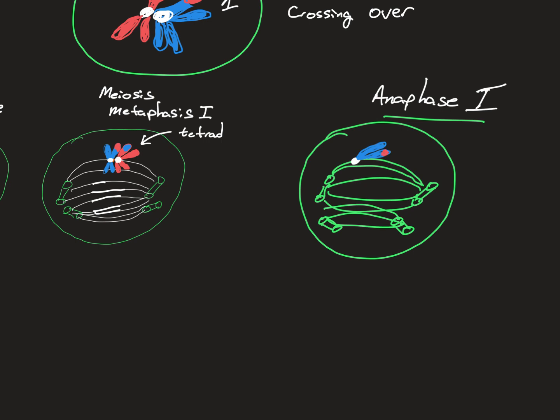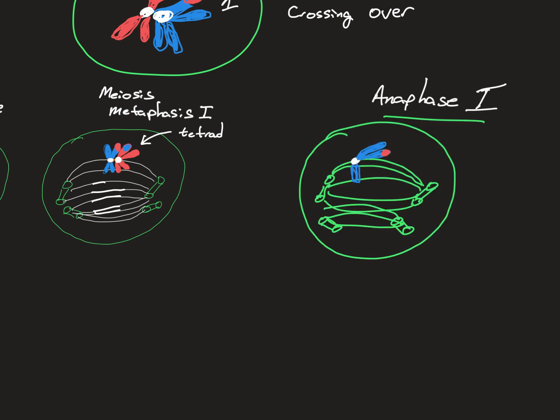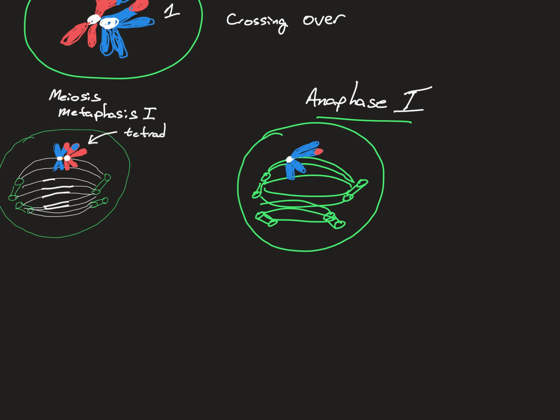Remembering that this one now has a little bit of the other chromosome on it. And obviously the pair of sister chromatids, the other pair moving in the opposite direction.